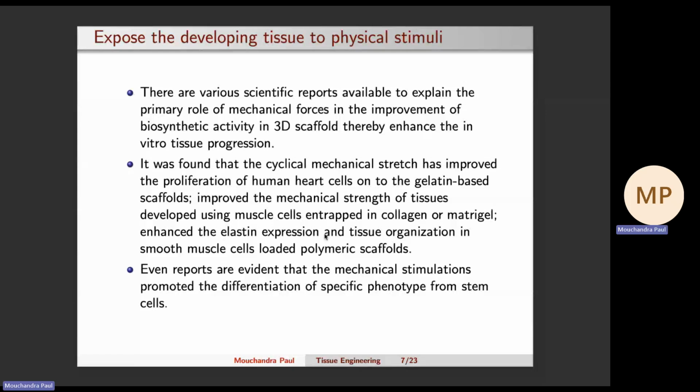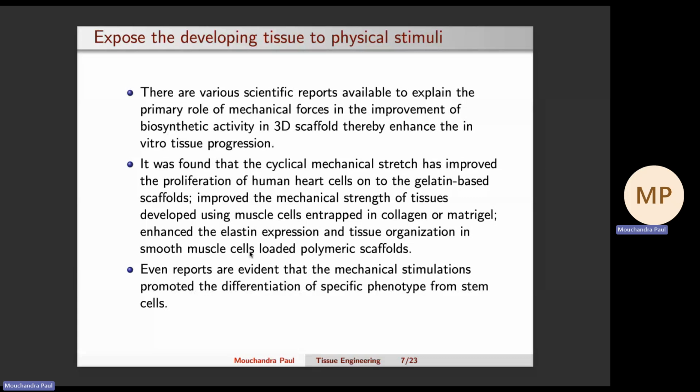Similarly, a collagen-based scaffold having some muscle cells, when exposed to similar types of stretching forces, people saw that the cells express more elastin fibers and the tissue organizes better. This kind of mechanical stretching also helps in better organization of the smooth muscle cells inside the scaffold.